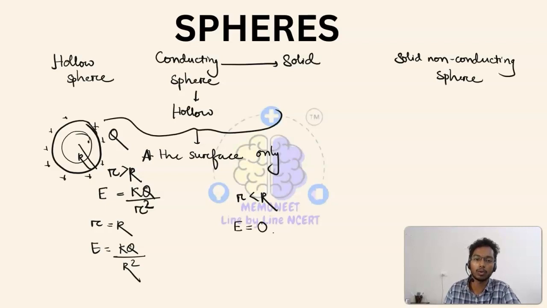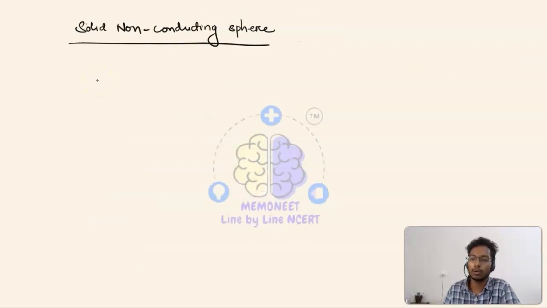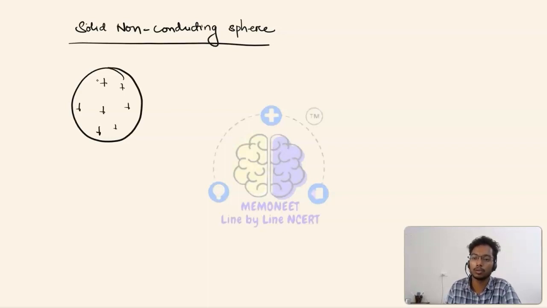So let's now talk about the solid non-conducting sphere. In this sphere the charges reside inside the sphere. Let's say the radius is R. For the whole volume of the sphere, 4 by 3 pi R cube, it contains charge q.